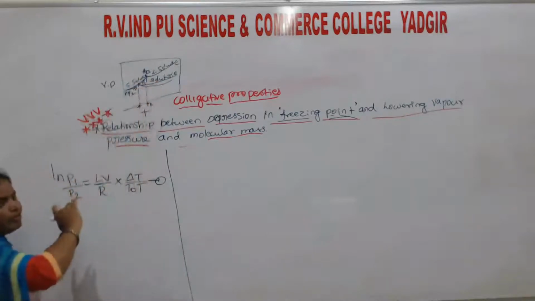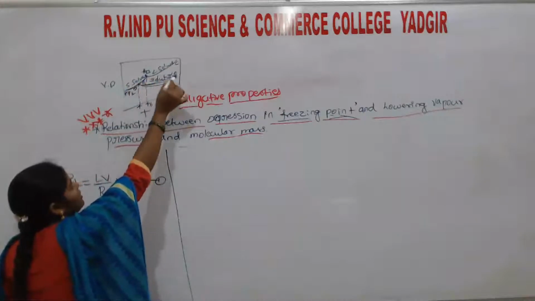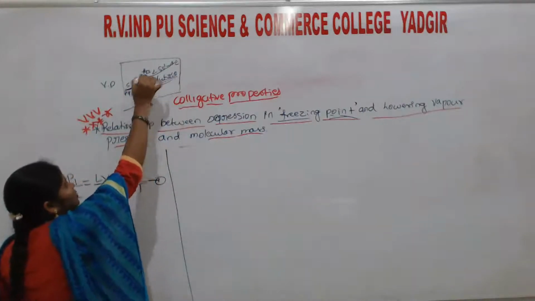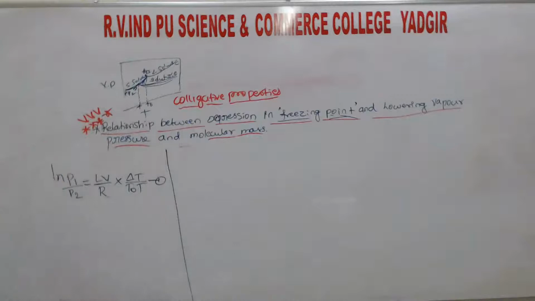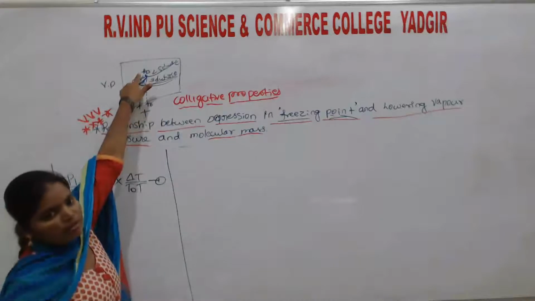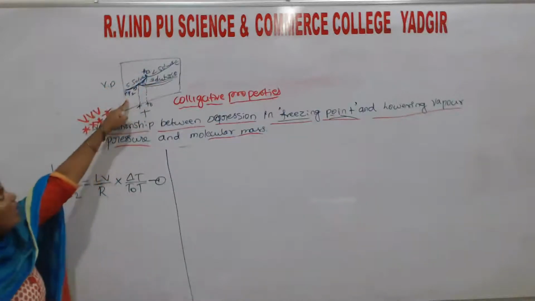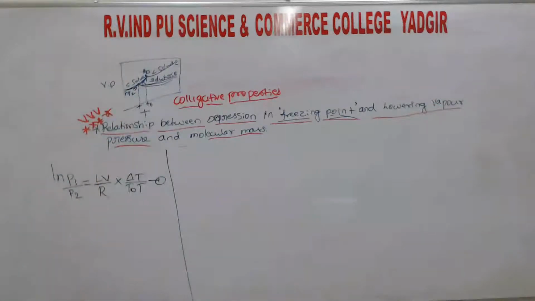First of all, consider this curve, this DE curve, and next we consider the vapor pressure curve of AB. In the AB curve, the vapor pressures P0 and P2 are present, in the presence of the solid solvent.